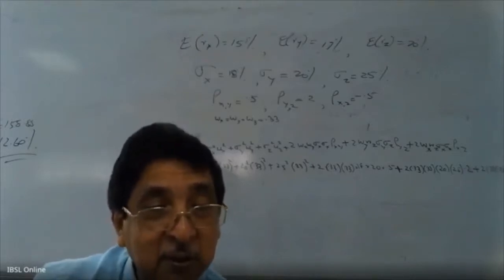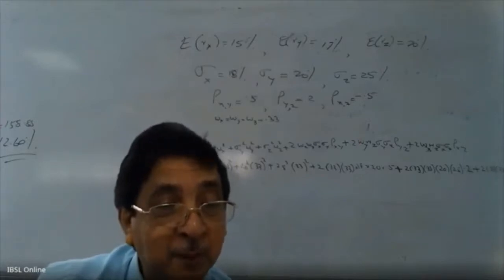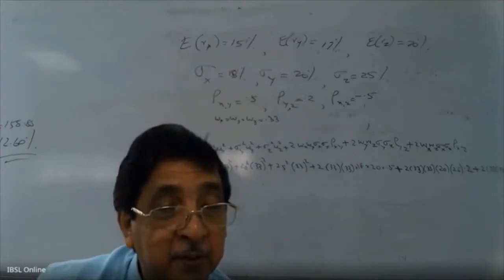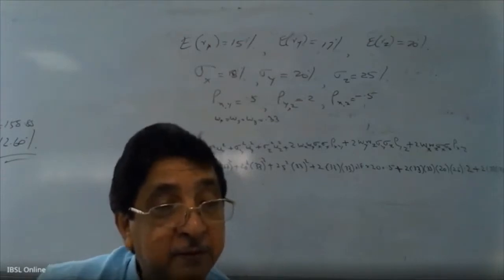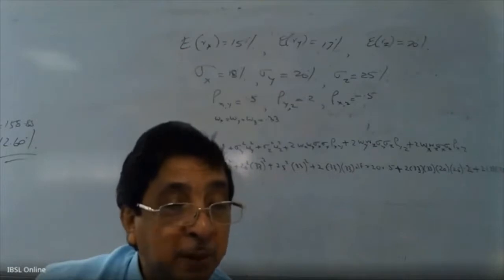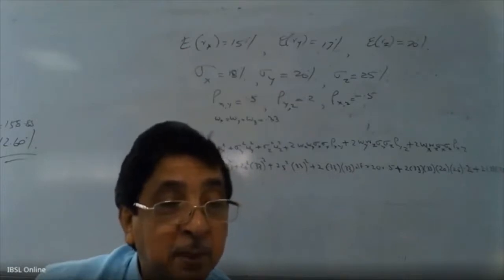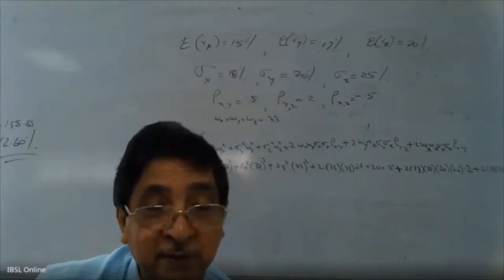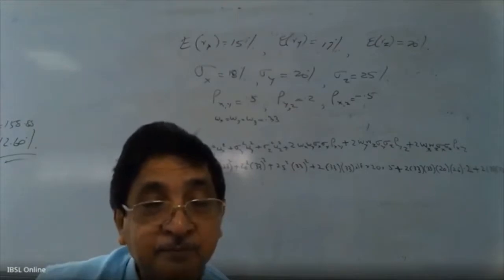Then next again you get 2 wy wz sigma y sigma z rho yz. Then you get 2 wz wx sigma x sigma z and rho xz. So that is how the formula comes.